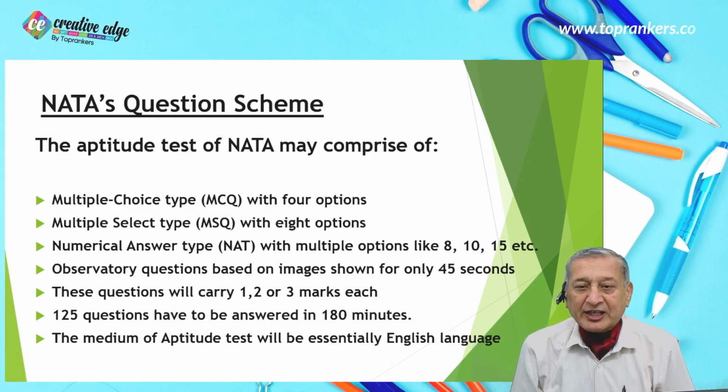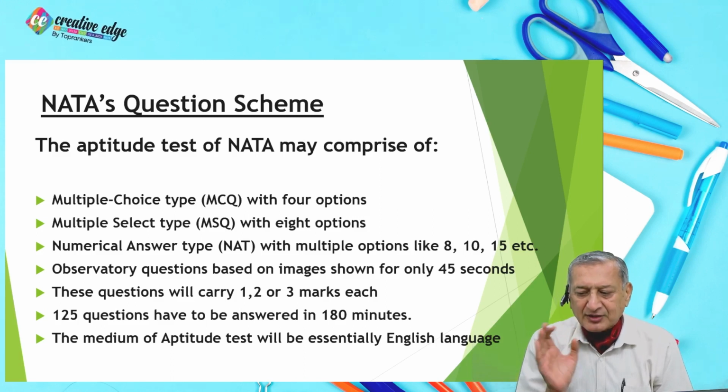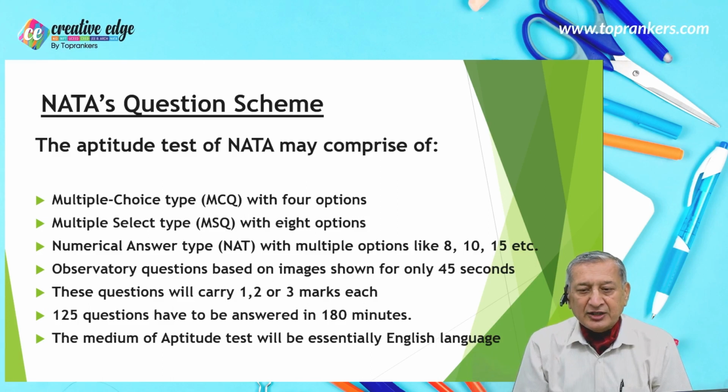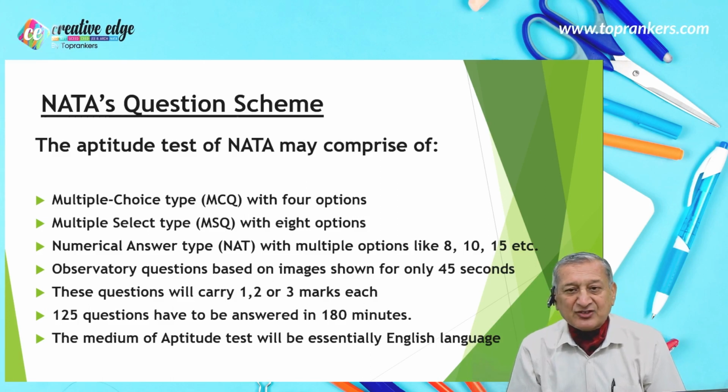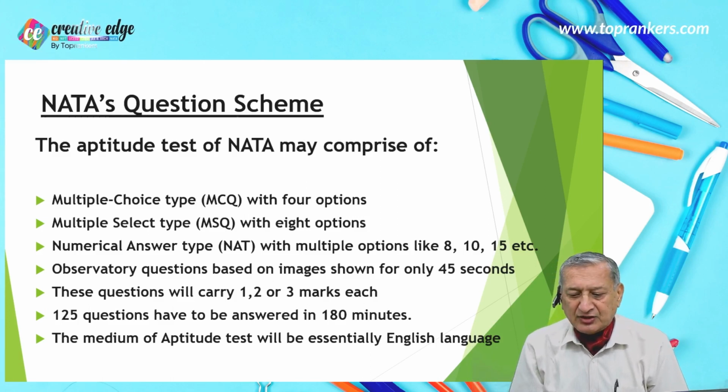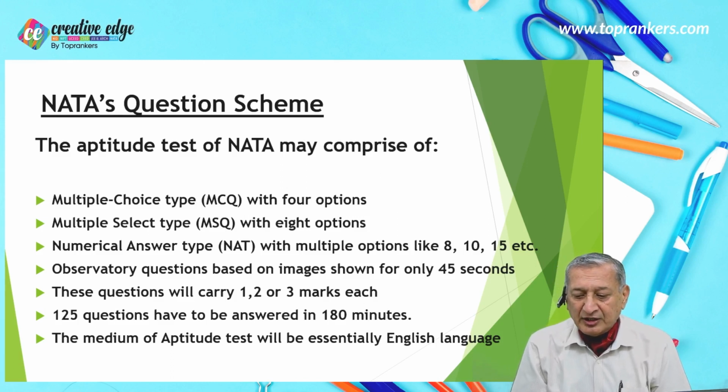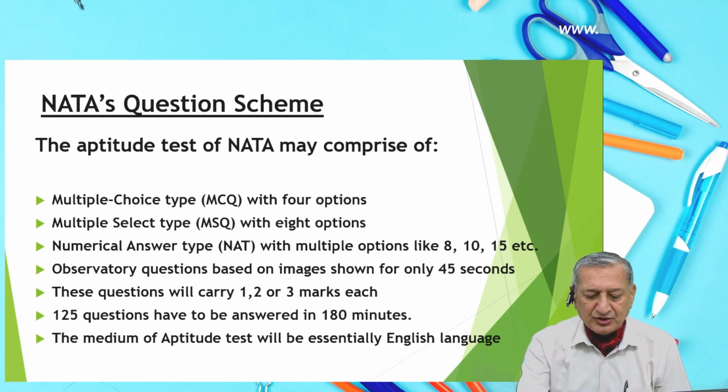These questions will carry 1, 2, or 3 marks each. 125 questions have to be answered in just 180 minutes. The medium of the aptitude test, as you know, is essentially English language.